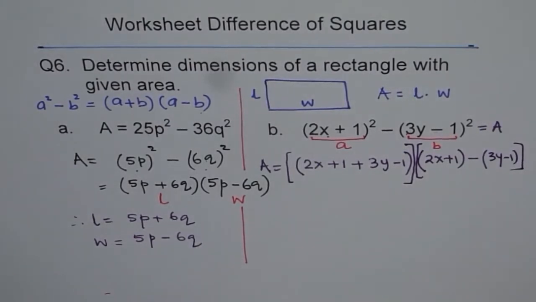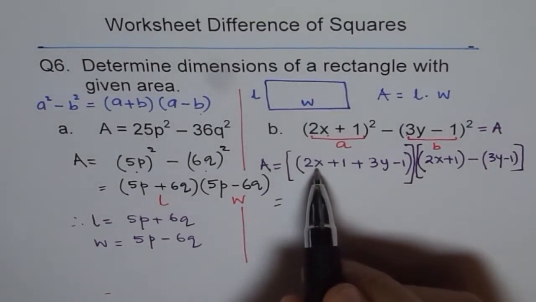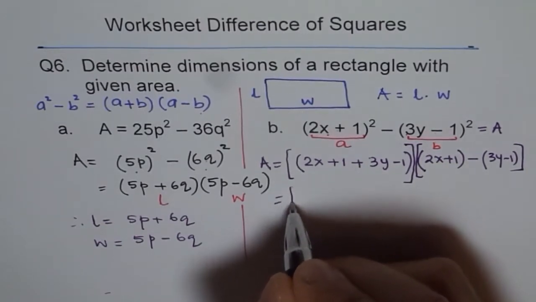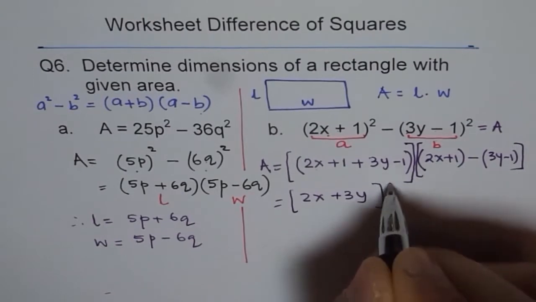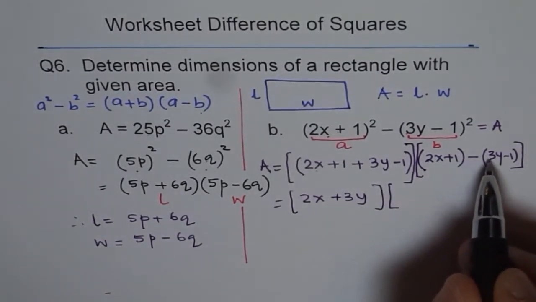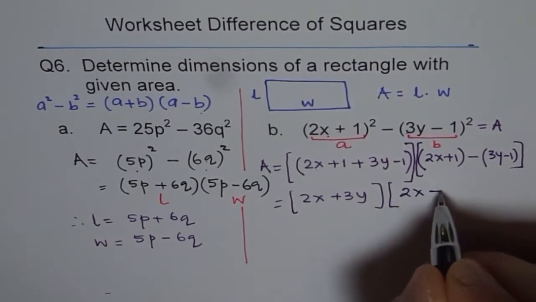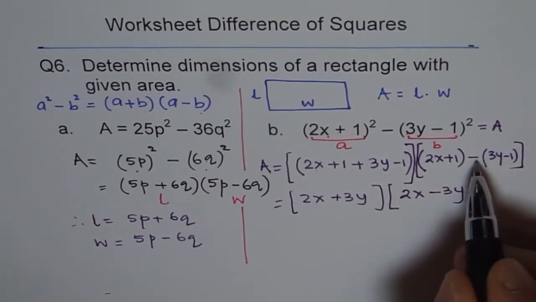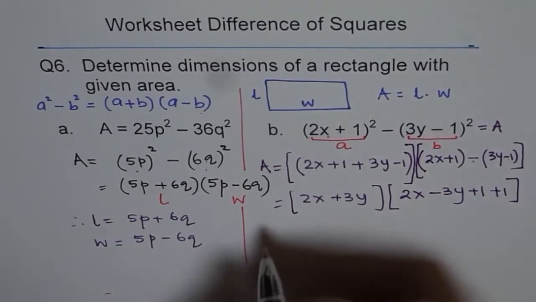So we got two factors in these square brackets, right? Let's sort them out. So 2x plus 3y and plus 1 minus 1 is 0. So I get here 2x plus 3y, correct? And the other factor is 2x minus 3y. Do you see when you open the bracket, the sign will change. So it will be 2x minus 3y, and here we have plus 1. So plus 1 and minus 1 becomes plus 1 also, right? So it becomes plus 2.